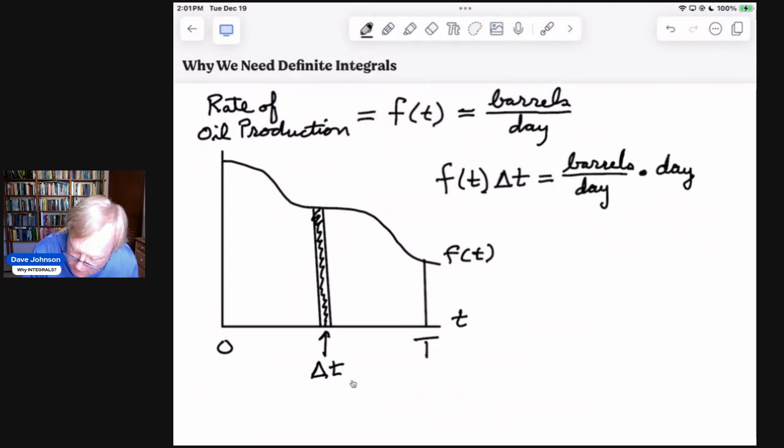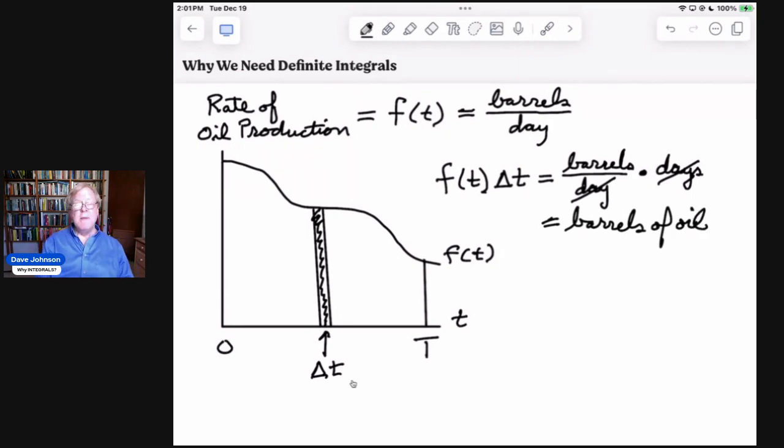Let's assume that delta t is a measure of some number of days. And you see that the days cancel, and what you are left with is that f of t times delta t is equal to barrels of oil.